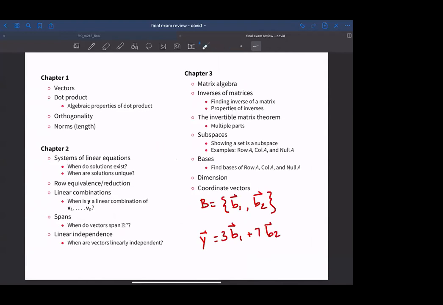If this is a basis, then there's really only one set of coefficients that's going to allow me to express the vector Y as a linear combination. So what I can do is take those coefficients and put them in a vector. This vector here is the coordinate vector of Y with respect to the basis B.